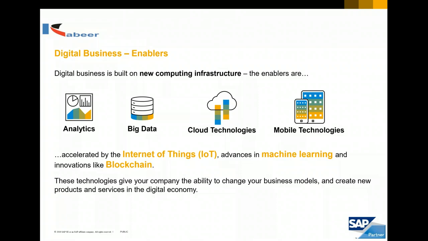Many things make it digital. Some of the technology components are important, which we see on our screen. These are some of the imperatives as far as the digital business is concerned.